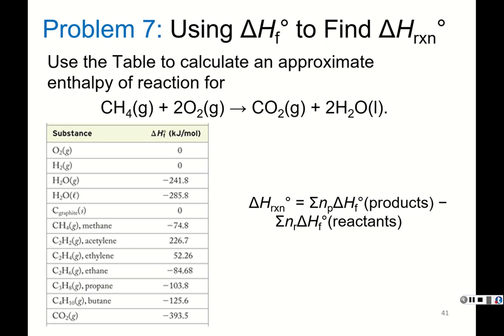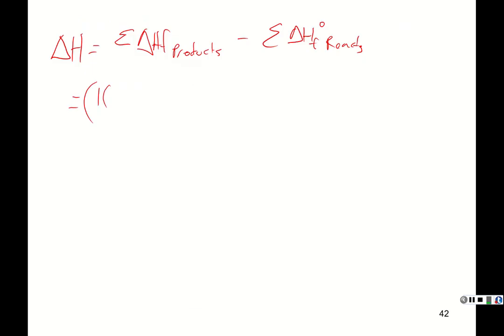So for CO2 we had 1, for H2O we had 2. So CO2 we're multiplying by 1. If you wanted to keep the units in this, that would be 1 mole. And then our delta H of formation for CO2 is negative 393.5 kilojoules per mole, so the moles technically cancel out, and our answer is going to be in kilojoules.